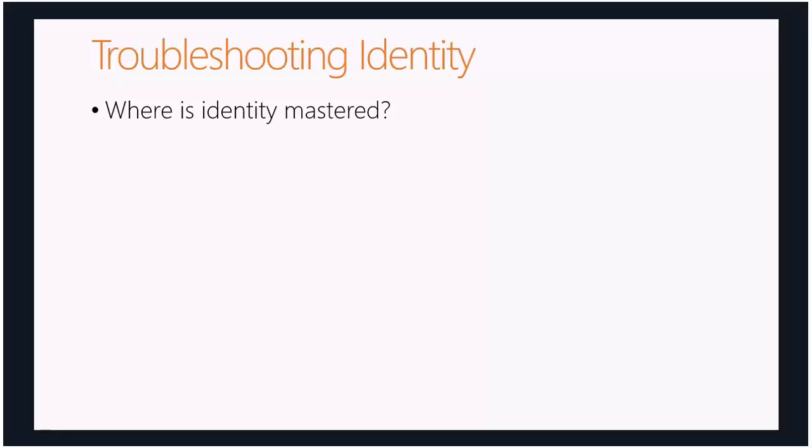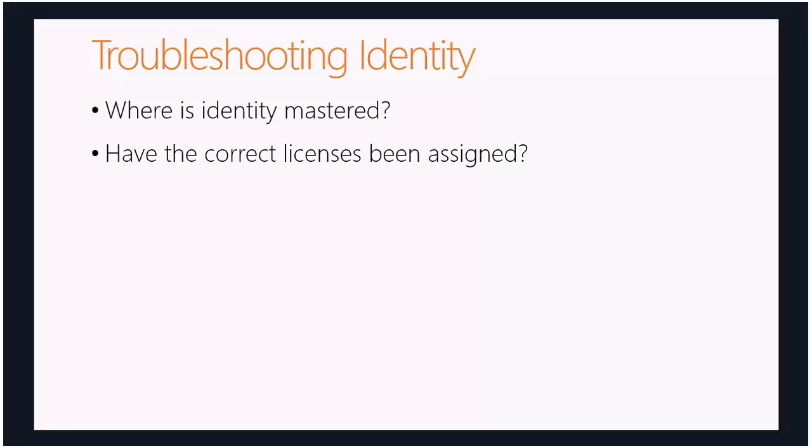Or in the rare cases, is it a federated environment in which again is mastered all on premises with a local AD? So first thing to do is to go and identify where the identity is actually mastered. So where do you need to change to update users' login name, their passwords, all that sort of stuff. You need to identify where that is occurring.